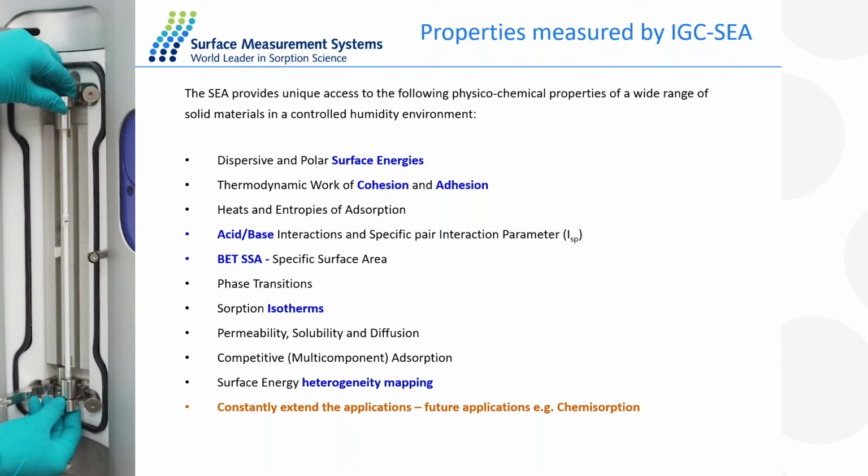If we are using polar molecules, we can also measure the acid-base properties of the solid materials. With different methods, we can then determine the Hansen solubility parameter for polymers, as well as diffusion or the phase transition on these samples. Here, I will just focus on the sorption isotherms and the BET surface area determination.